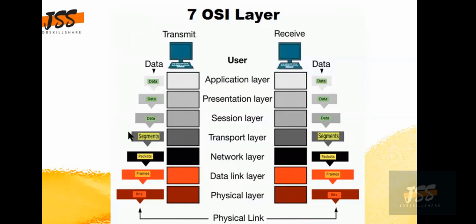They will say the segment was sent from this location to that location, which means they are talking about the transport layer. This is how they check your level of thinking. If they are talking about segments, it means the transport layer. If they are talking about packets, it means the network layer, the routers. And if they are saying frames, it means the data link layer, or the switches.